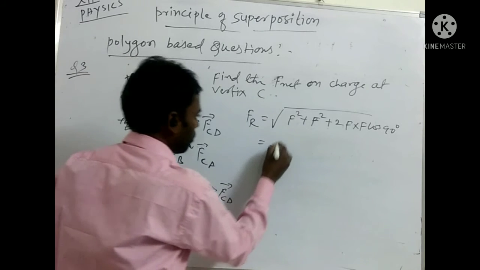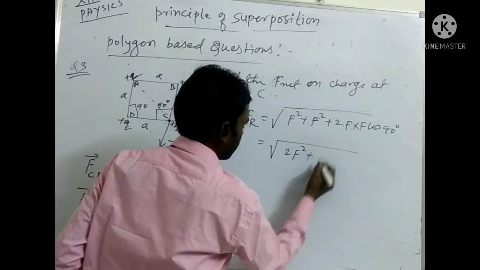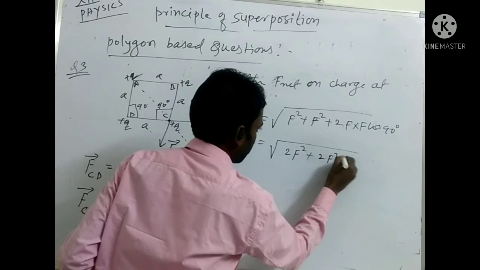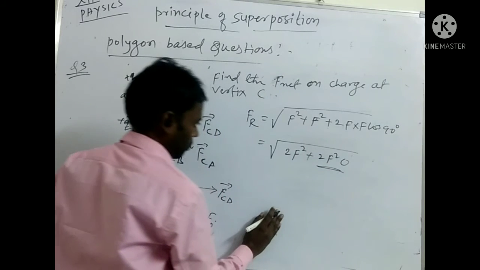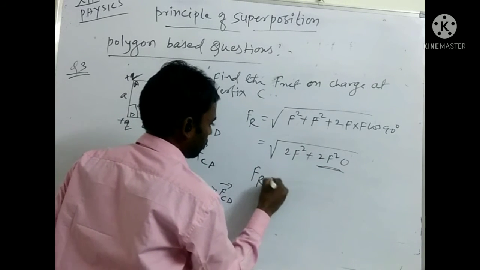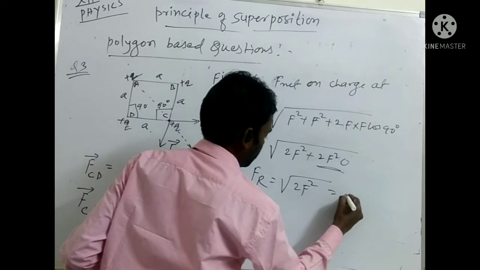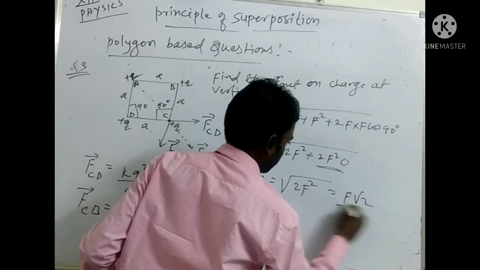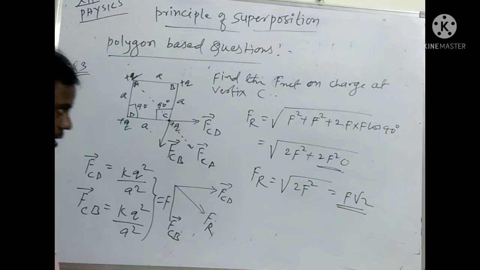Then root over 2F square plus 2F square into cos 90, that is 0. The resultant force is root over 2F square, that is F root 2. Resultant between these two forces, we got F root 2, right?